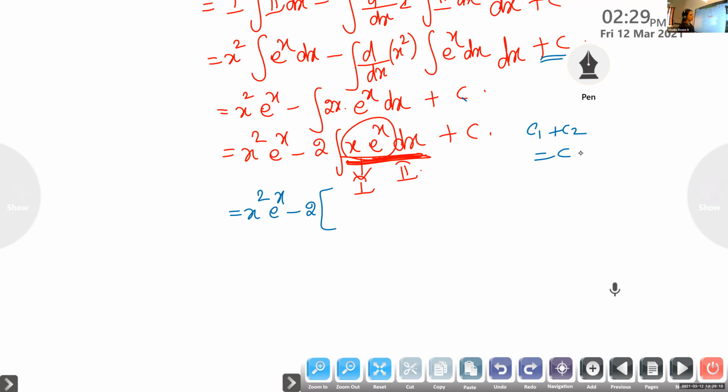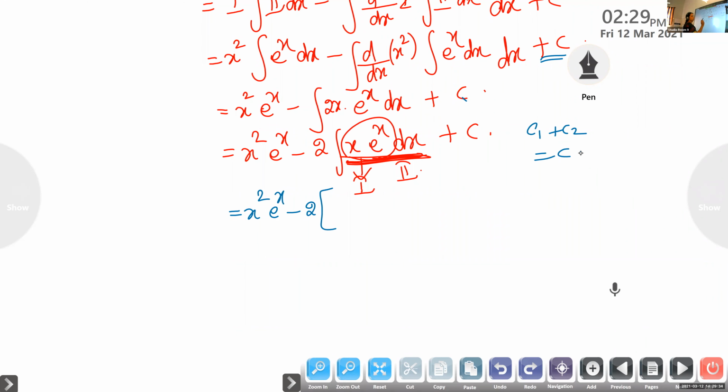Together we can write it as a single constant. Whenever we integrate, we will get a constant. What is C? C is a constant. When you add up all the constants, you will get another constant. So it is enough to write one C at the end. Is it okay, Aishwarya? Yes, ma'am.